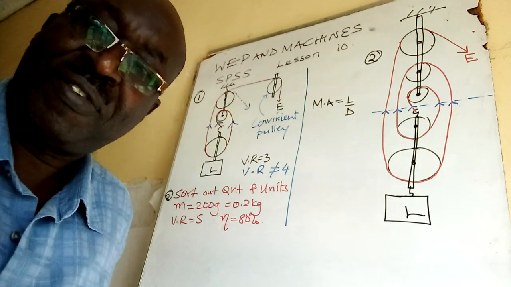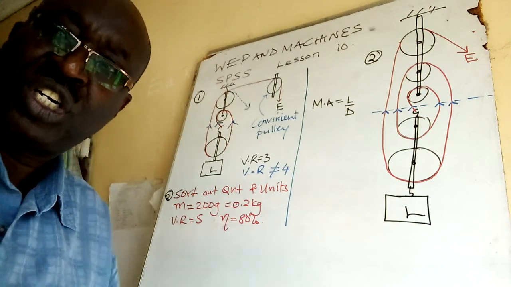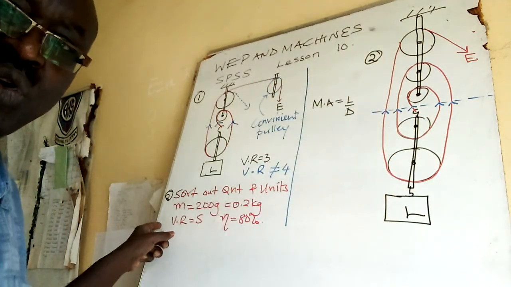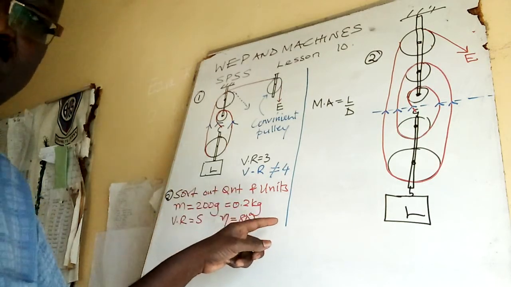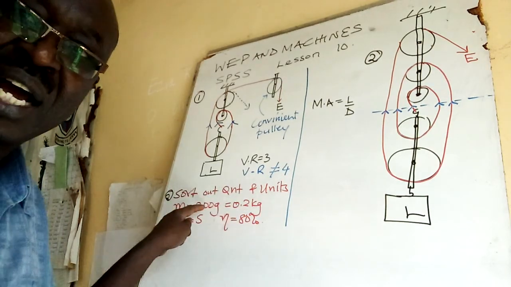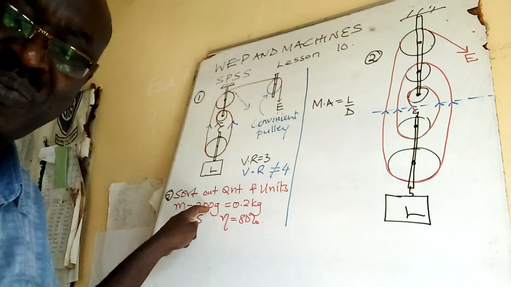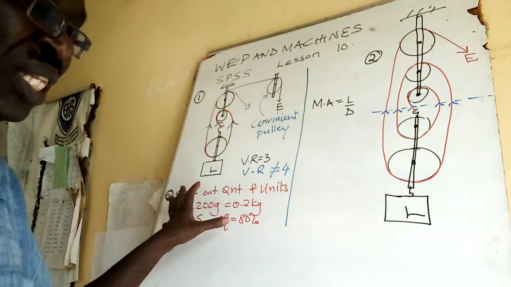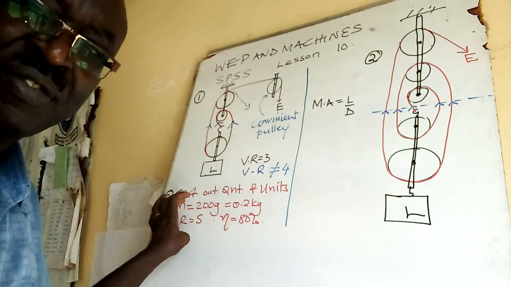Therefore, the first thing you do is sort out what has been given. What information do you have? This is what I mean by sorting out: a letter and the quantity given. You must take care of units. So this is the information I have.